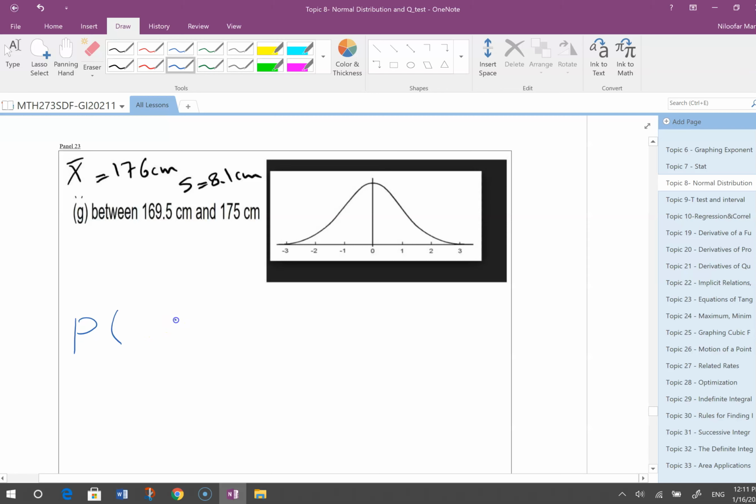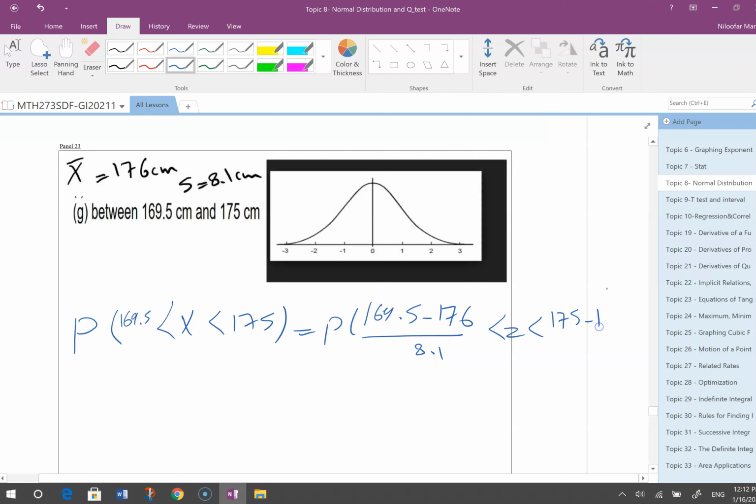So probability X more than 169.5 less than 175, which is probability (169.5 minus 176) divided by 8.1 less than Z less than (175 minus 176) over 8.1, which is going to be minus 0.802 less than Z less than minus 0.123.